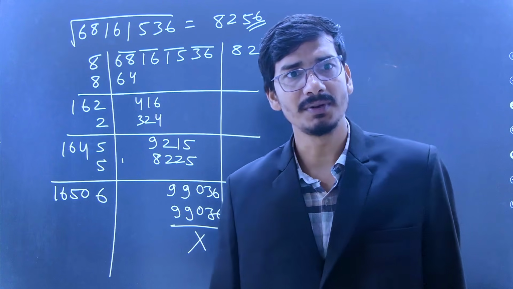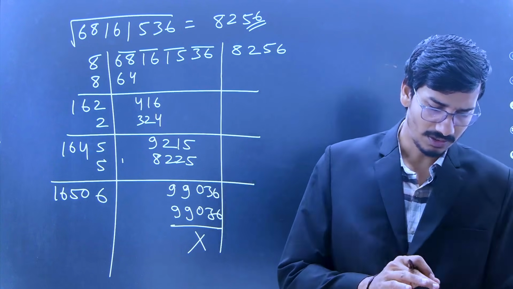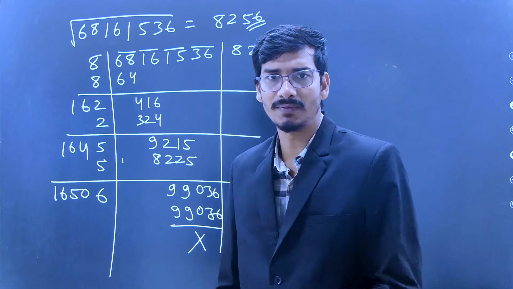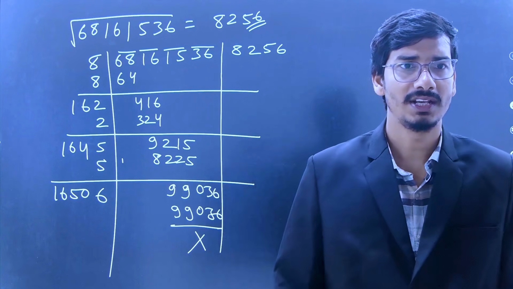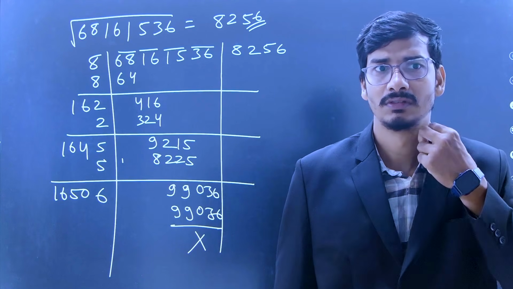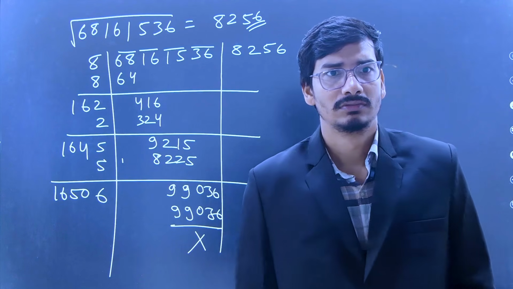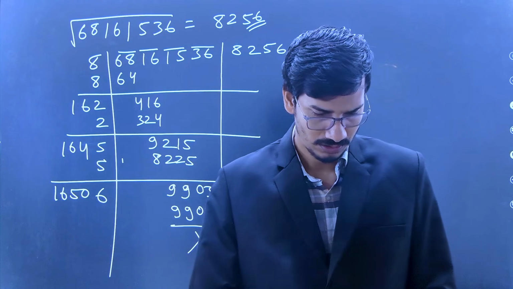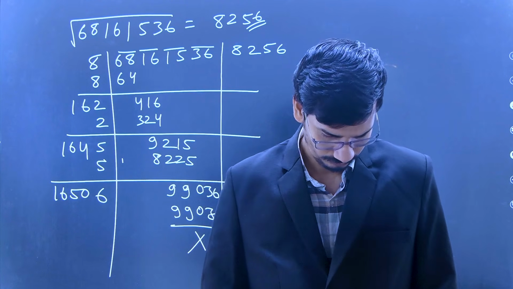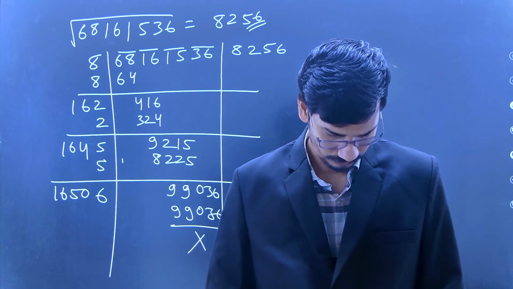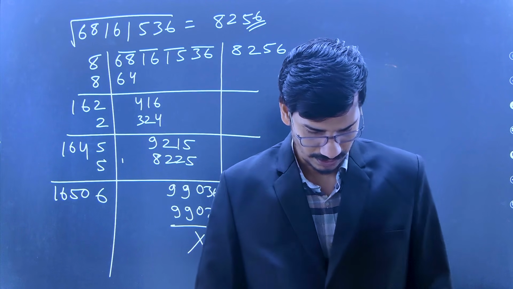Just try to understand, beta. Now I'm taking another 9-digit number. First of all, take a screenshot of this one. Take a screenshot. Take it fast.